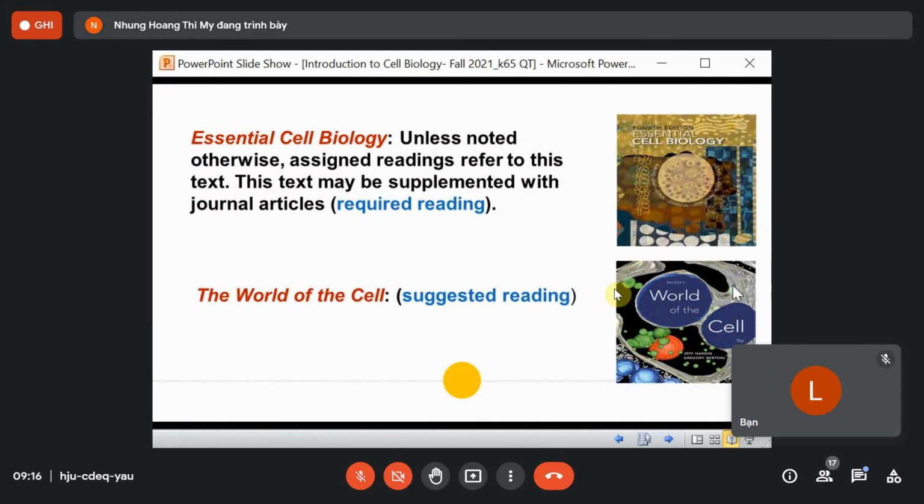If in case you cannot borrow the Essential Cell Biology book from the library, I think you can find another way to get the ebook from the internet.